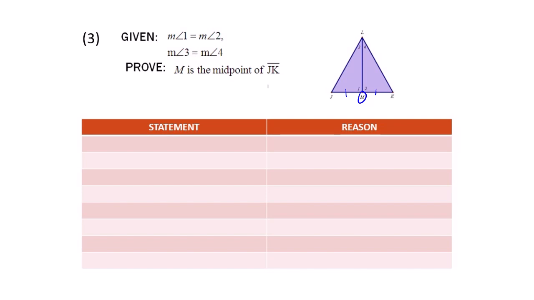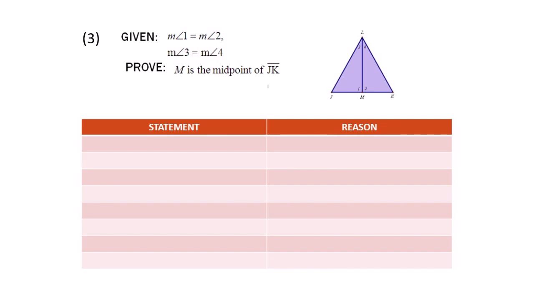And in order to prove that those two are congruent, we can use CPCTC, right? So we want to prove the triangles are congruent. We can use CPCTC to prove that the segments are congruent, and then that'll lead us to say that, oh yeah, M is the midpoint, right? If JM is congruent to MK. So that's kind of our strategy here.